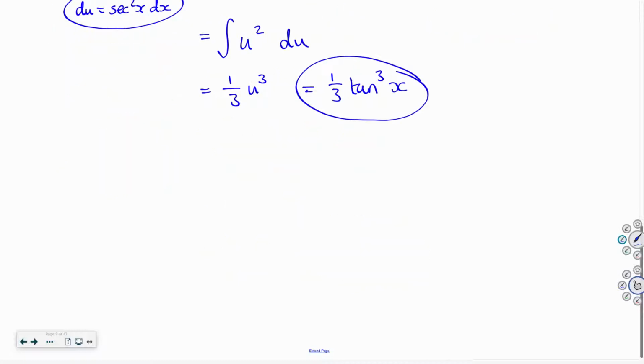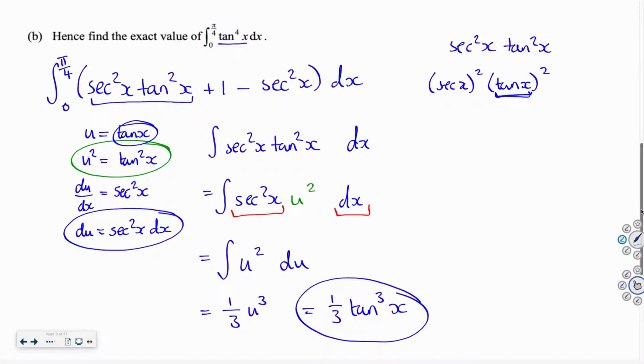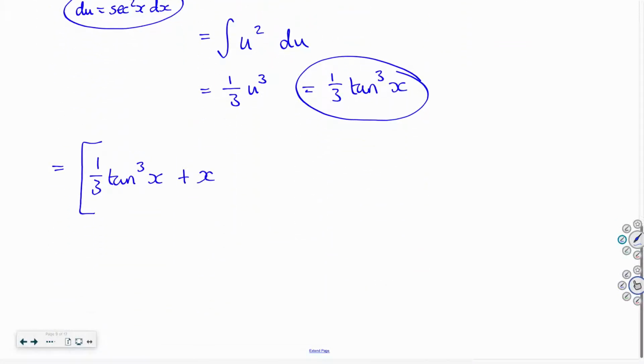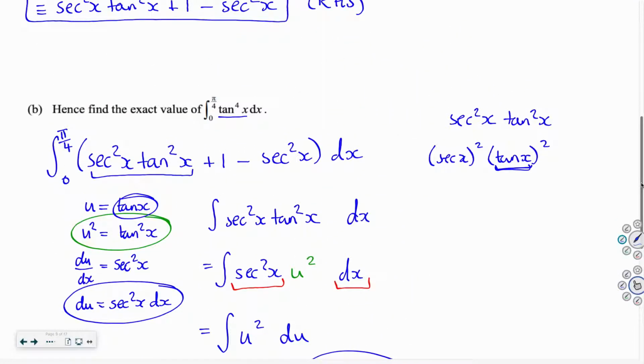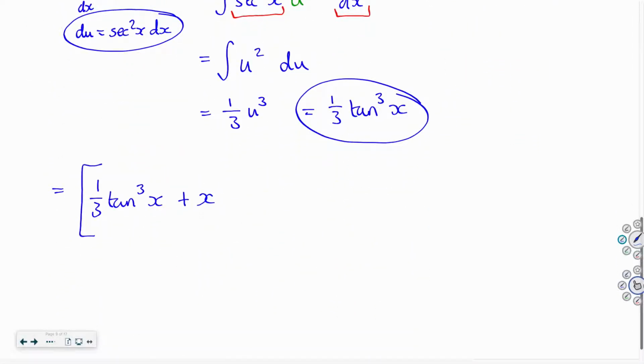And now we can just integrate as normal. So we're going to have a third tan cubed x, and then integrating the 1 will just give us plus x. Integrating the negative sec squared x will just give us negative tan x. And we're doing that between the limits 0 and pi on 4.